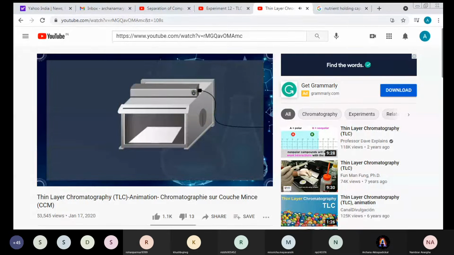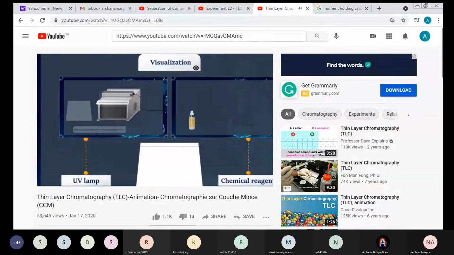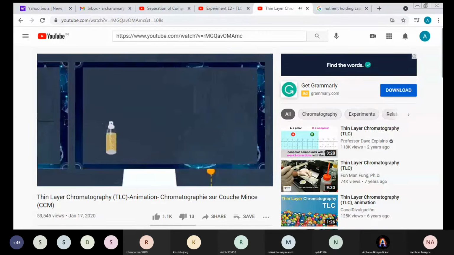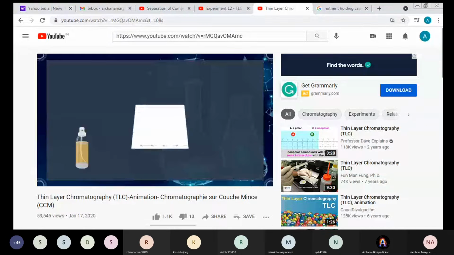And the retention factor of each component is determined. For chemical visualization of stains, various visualizing agents react with the spots to produce visible results, such as iodine, ninhydrin, potassium permanganate, and vanillin. The plate can be immersed in these chemicals, or sprayed.